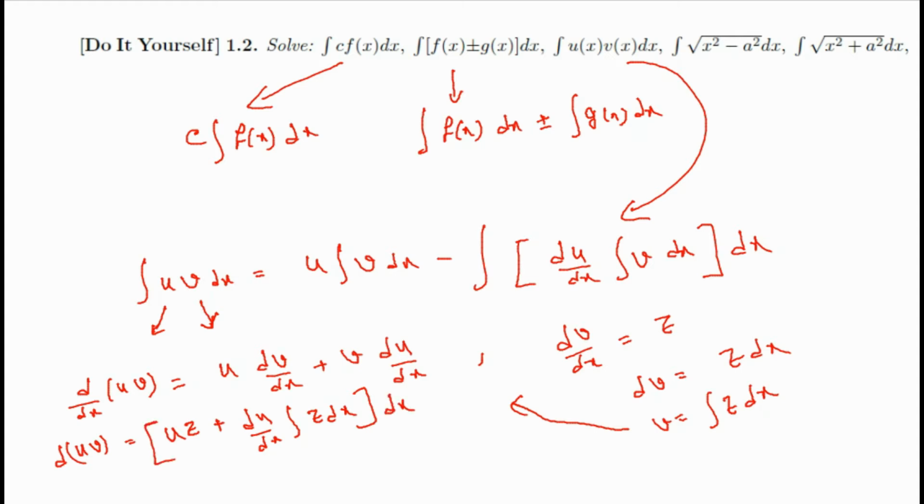Now if we integrate both sides, we get uv equal to integration uz dx plus integration du/dx integration z dx dx.